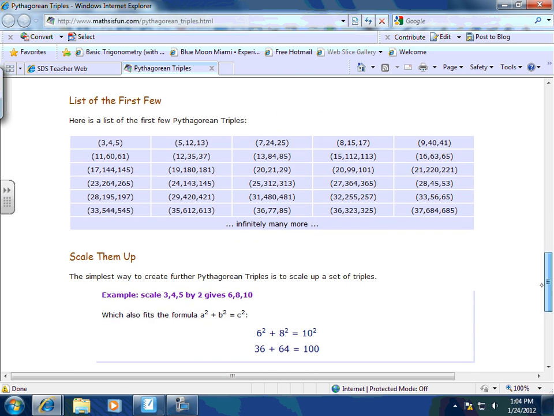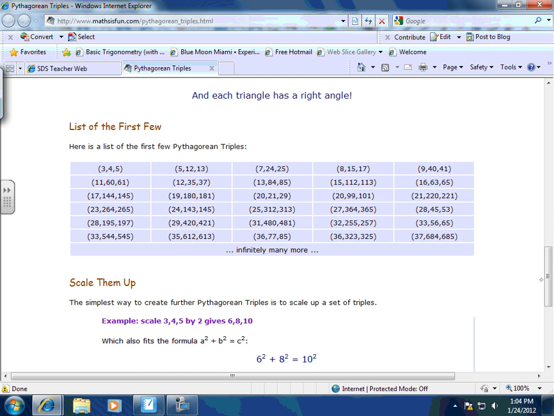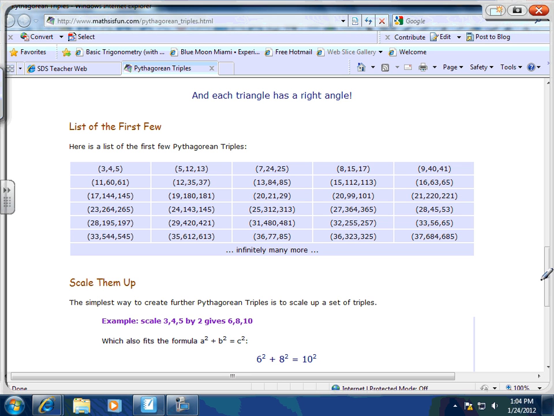Let's get right to what I want to show you. In this particular case, see how here it says infinitely many more? You will never, ever, ever memorize every single Pythagorean triple. It's just stupid to think that you will. I mean, there are an infinite amount.